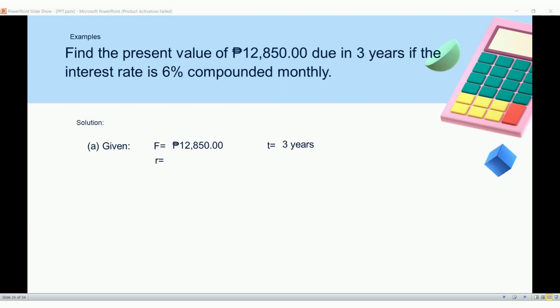Ang ating rate ay 6% or 0.06. M natin ay compounded monthly, so 12. Ang I natin ay R over M, so we have 0.06 over 12 or 0.005. Ang N naman natin ay MT or 12 times 3, so we have 36 as our N. And ito yung gagamitin nating formula.